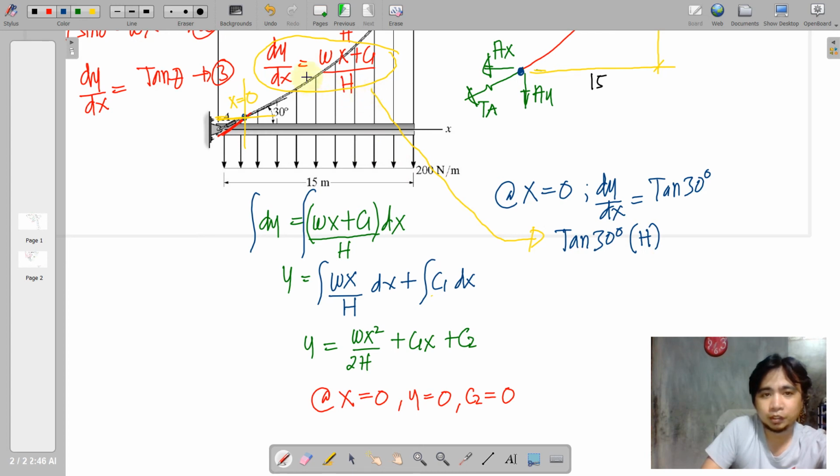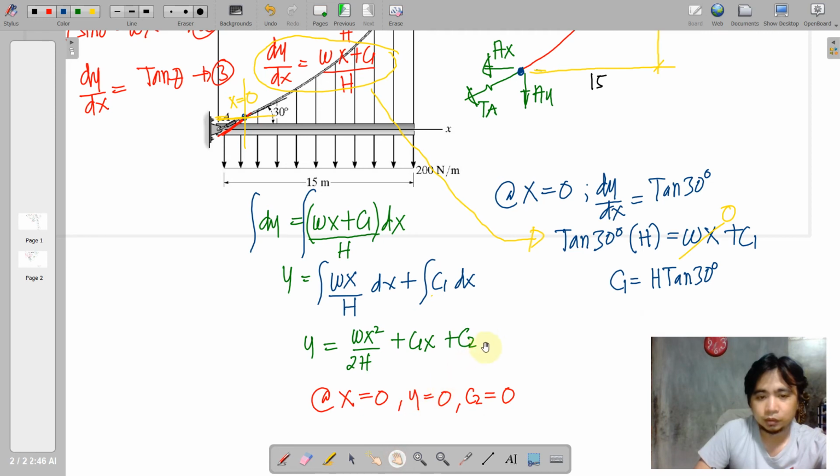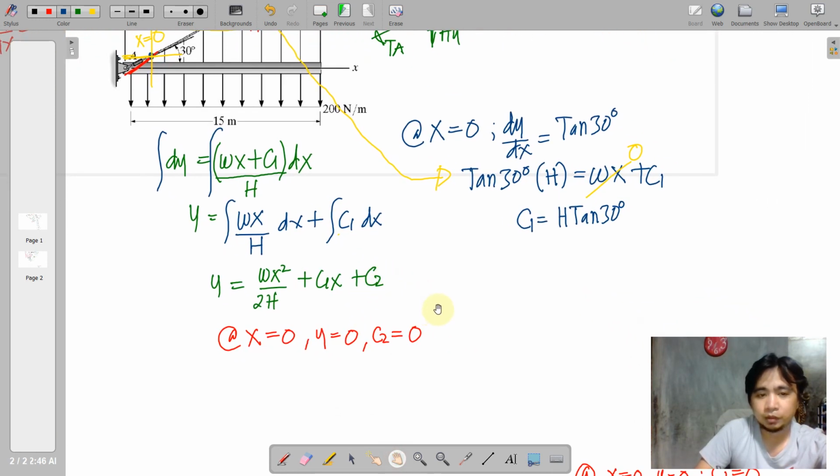H here will just be cross multiplied to that dy over dx. So what is left in your right hand equation is wx plus c1, where x is 0. So this shall now equate that c1 is equal to h tangent 30. Okay, so we can place that in our equation.